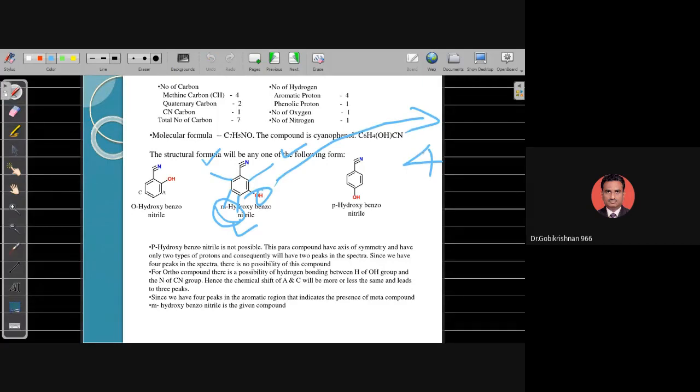Let us check the ortho-hydroxy benzonitrile also. That compound we will also analyze. We will check the type of the protons here. See here, this hydrogen is different. This hydrogen also is different. But these two will be similar hydrogen.